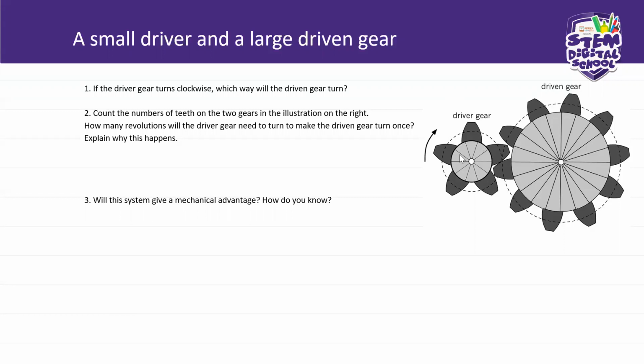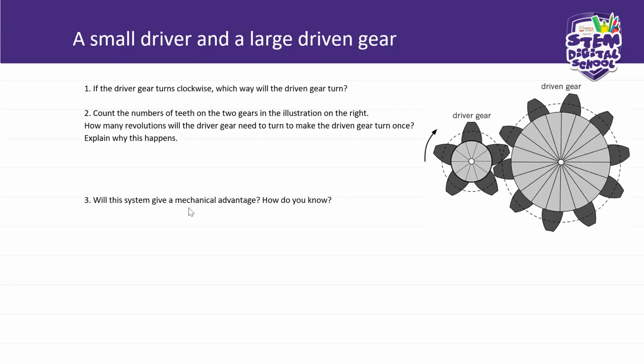Or just to put it practically, with 2 turns, this one turns once. So it's 2:1. Why does this happen? Because the driver gear is half the size of the driven gear.